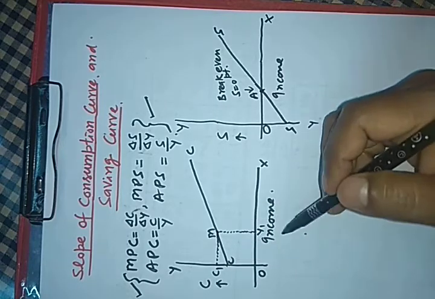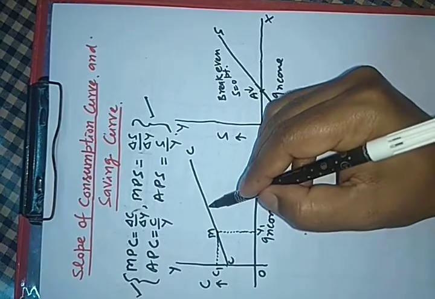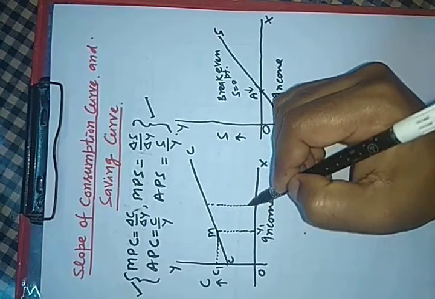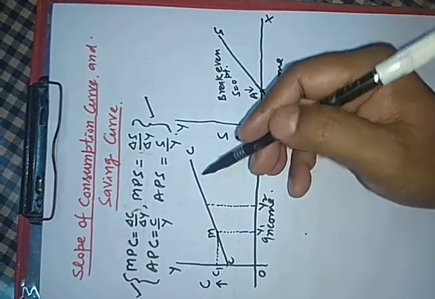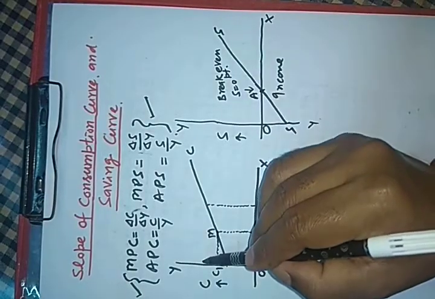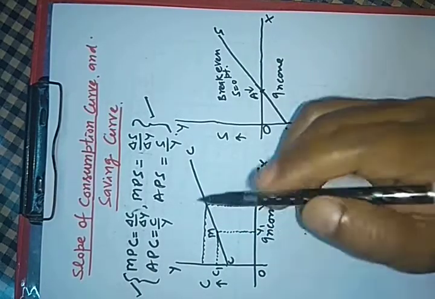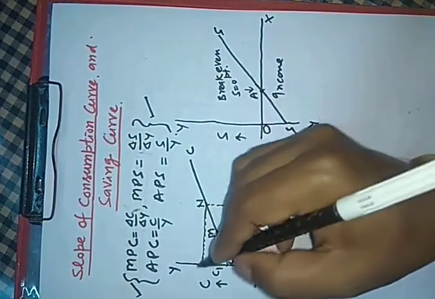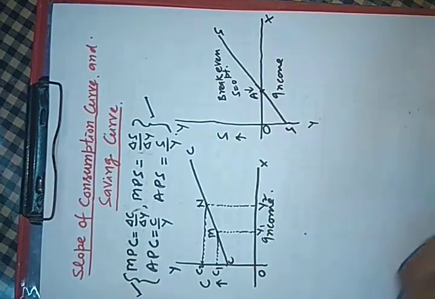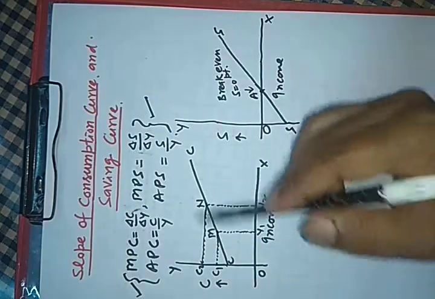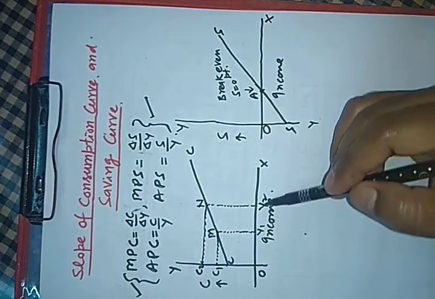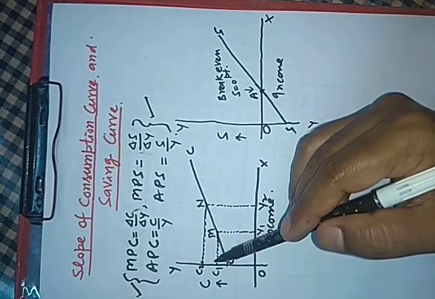Okay, and suppose income increases from Y1 to Y2. Then consumption will also increase, and this curve shows this increase in the consumption level. Suppose this point is N and this consumption level is C2. Right, students? So this curve shows that as income increases, consumption also increases.